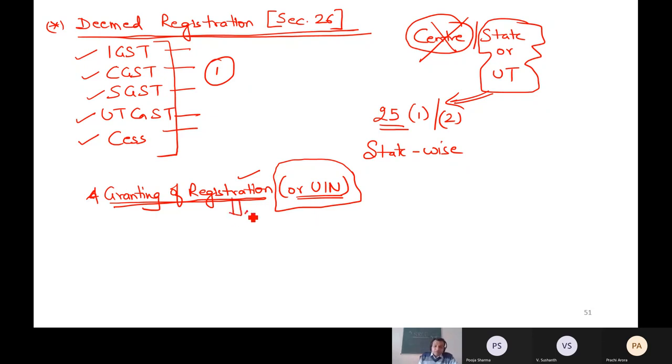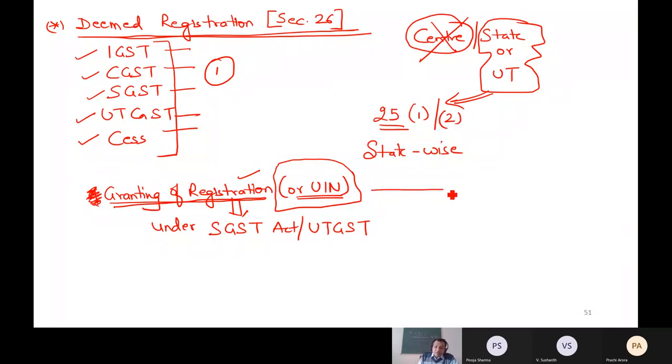So who will grant these? State or union territory. So these are granted under the SGST Act or UTGST Act.